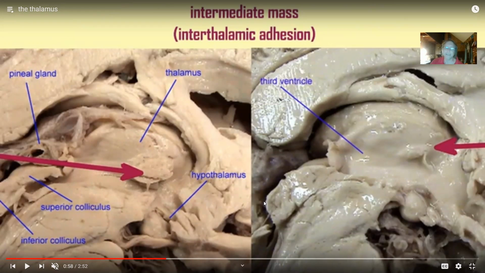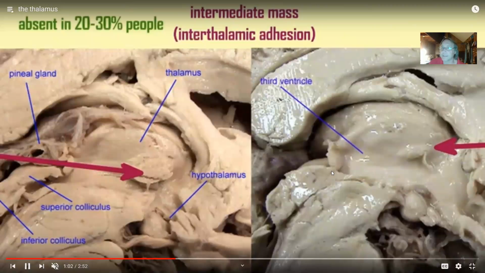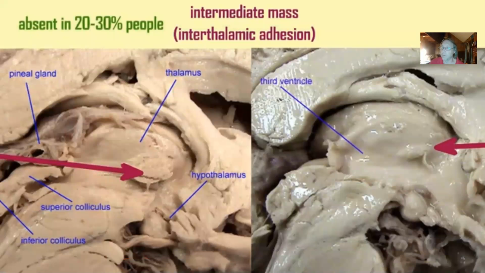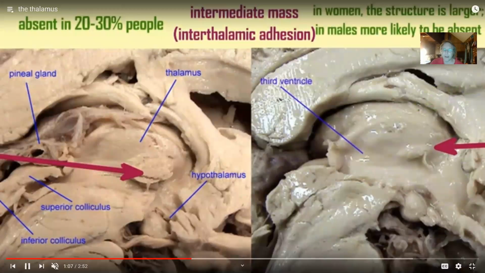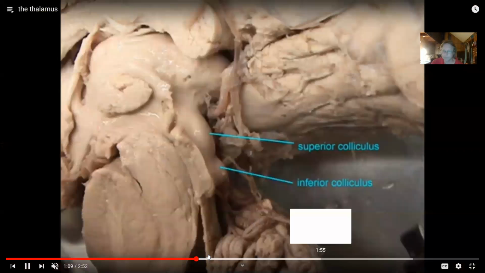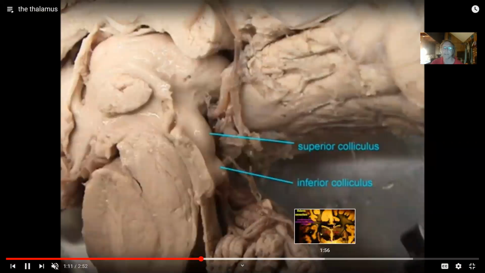This depression is that third ventricle where cerebrospinal fluid flows. But this connection does not have to be present, and it varies. It tends to be larger in women than in men, and more likely to be absent in men. The last I read, I didn't know that there was any significance which has yet been identified with that.